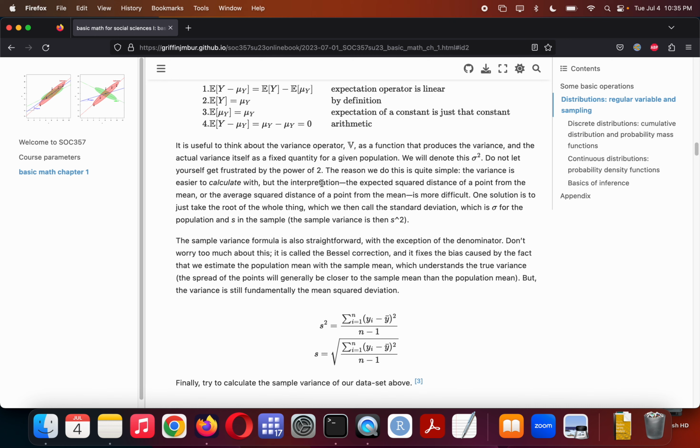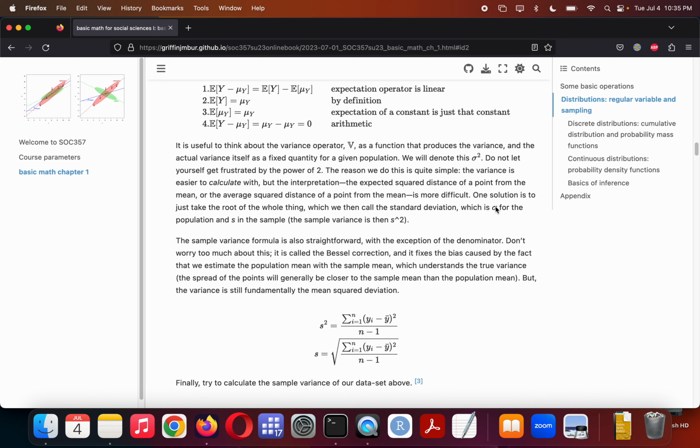By the way, you might worry about this power of 2 here. So why do we have this power of 2? Well, the reason is pretty simple. The variance is easy to calculate with, but the interpretation is a little bit difficult. It's the expected squared distance of a point from the mean. So a lot of times in practice, when we're describing data sets, we use the standard deviation, which is written sigma for the population and s in the sample.